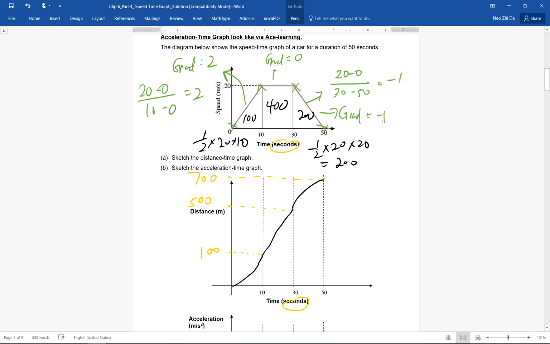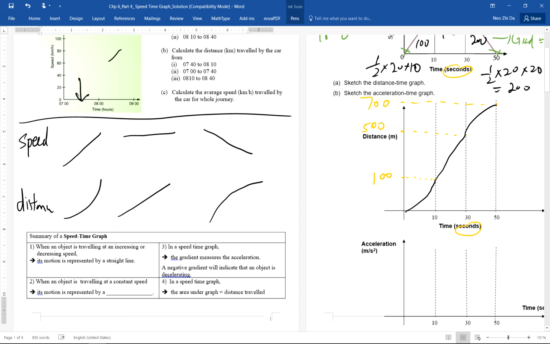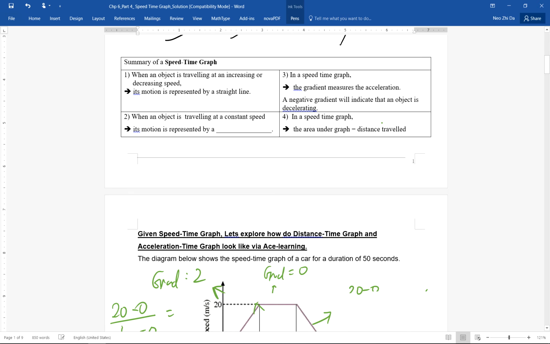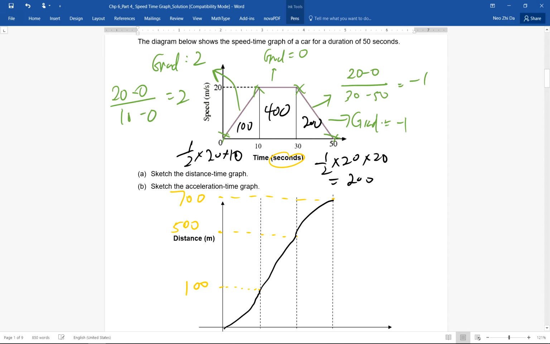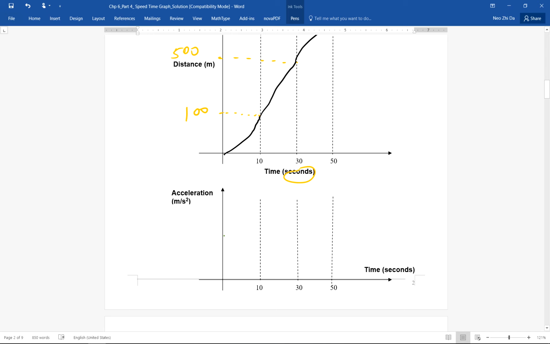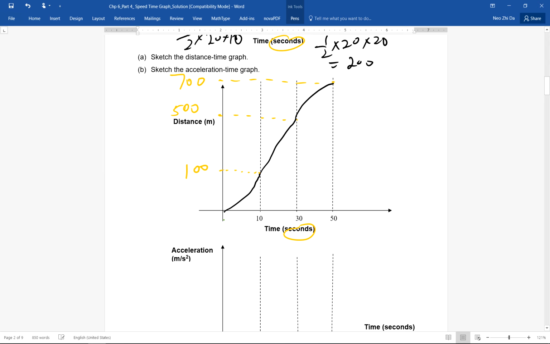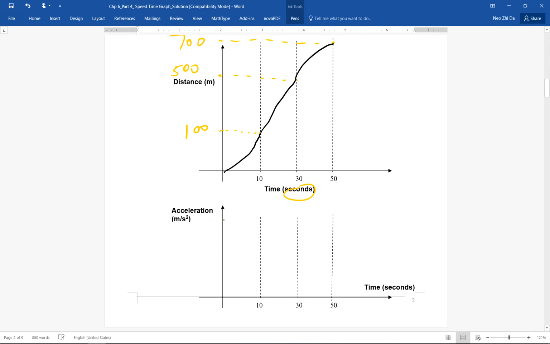So how am I going to transfer the data here? The first answer, the gradient is 2.